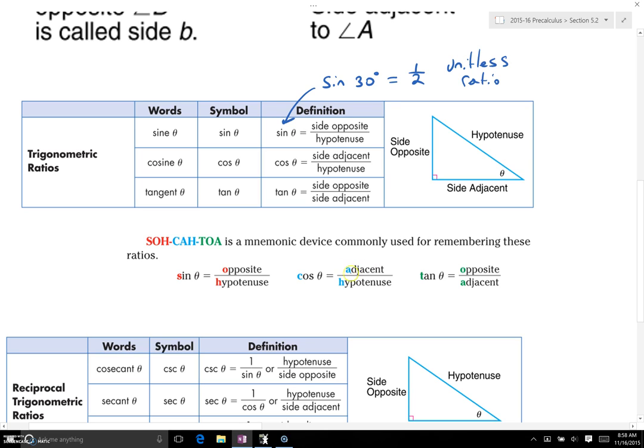Now cosine is adjacent over the hypotenuse, so here's our adjacent side and the hypotenuse. When we're talking about opposite and adjacent, we're never talking about the hypotenuse. So you might say, well, the hypotenuse is also adjacent to the angle, which is true, but the hypotenuse is reserved. All right, and then tangent is going to be opposite over adjacent. So here again is opposite and adjacent down there.